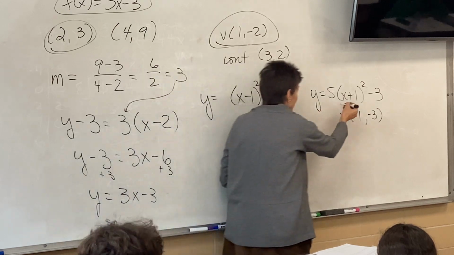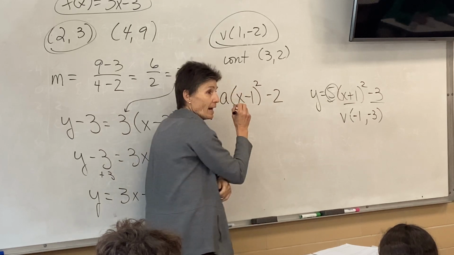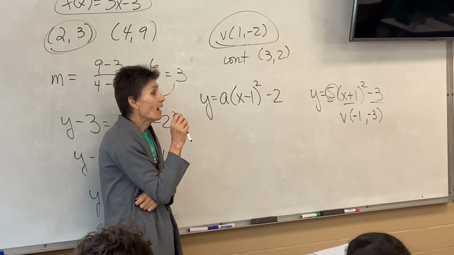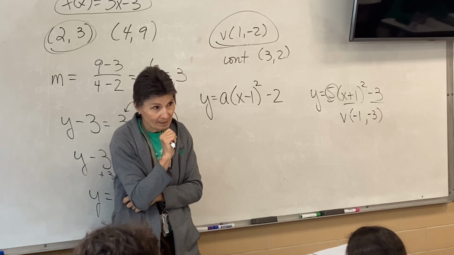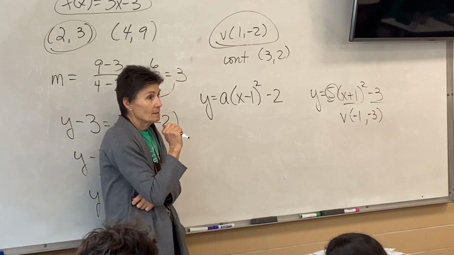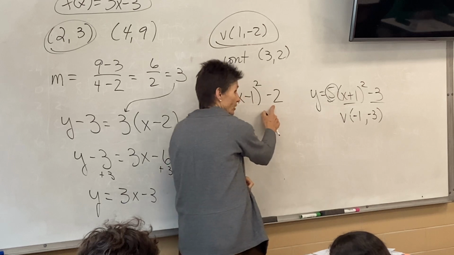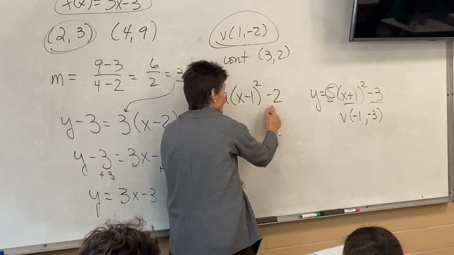I got the vertex part all set here, but what's missing? That number out in front, a. So how do I find a? Now I plug in the other point. I plug it in to do arithmetic. It doesn't stay. The 1 and the 2 are going to stay. Those numbers are part of the answer. The vertex is part of the answer.